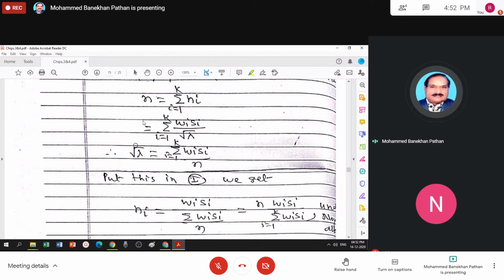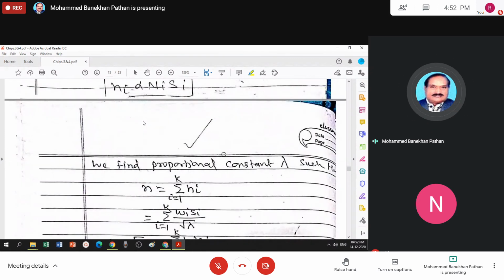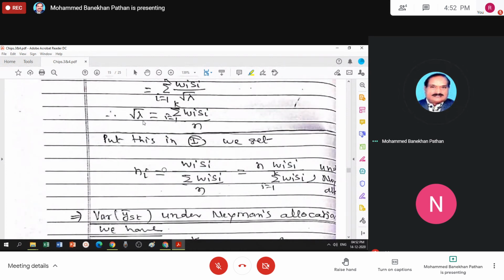So I got the value of root lambda that I replace in equation 1. Hence, Neyman's allocation says Ni equals Wisi, the value of root lambda. n goes to the numerator. So n times Wisi over summation Wisi under Neyman's allocation.